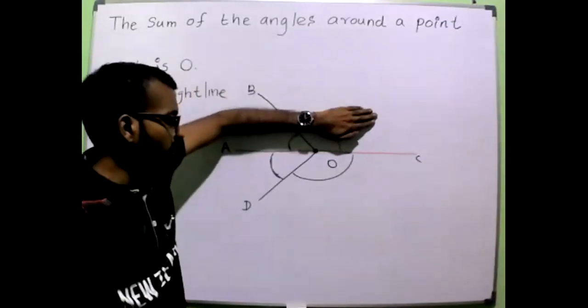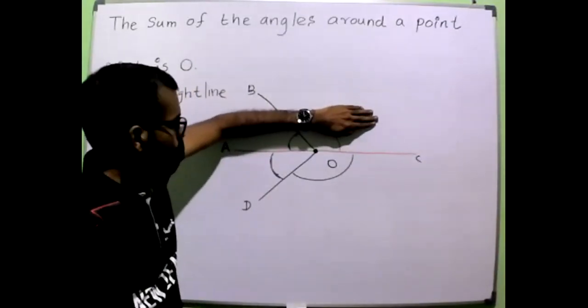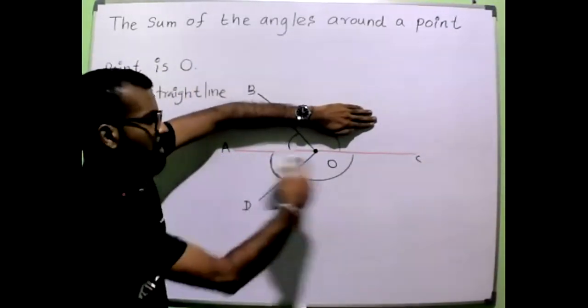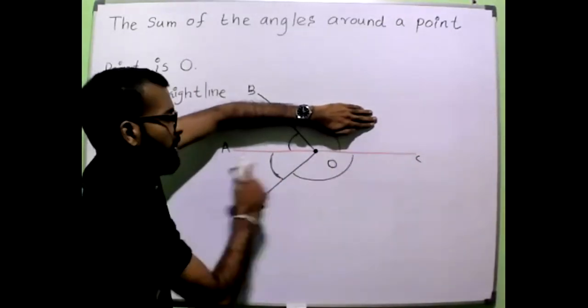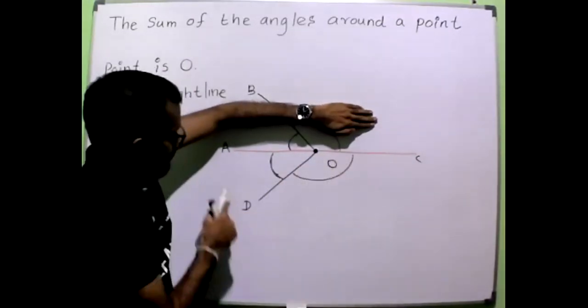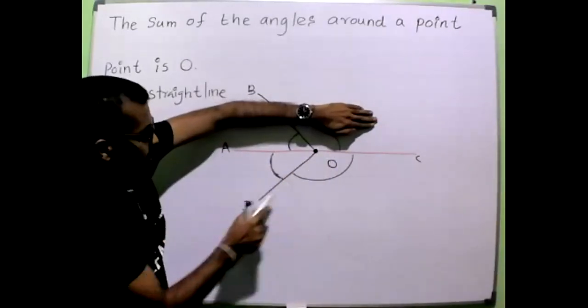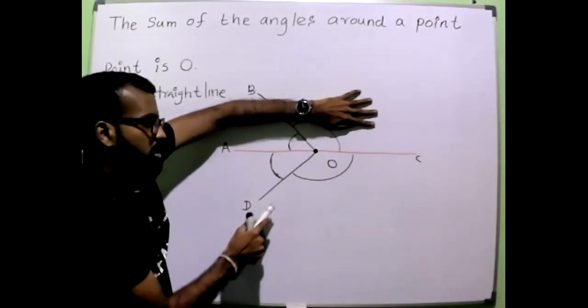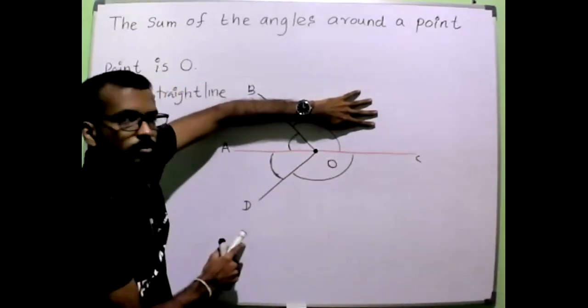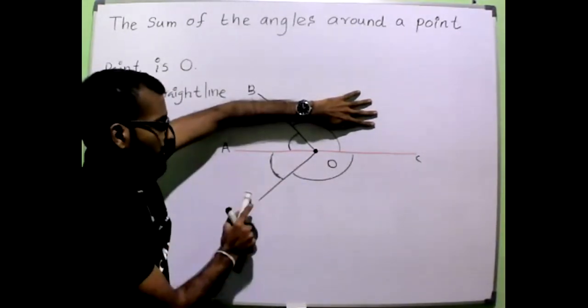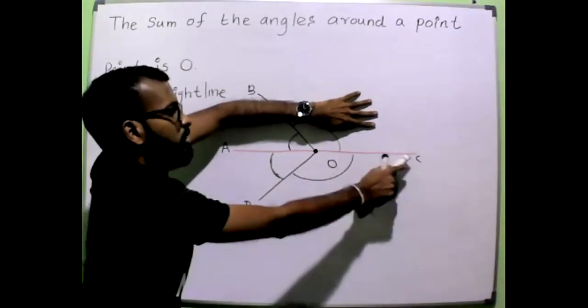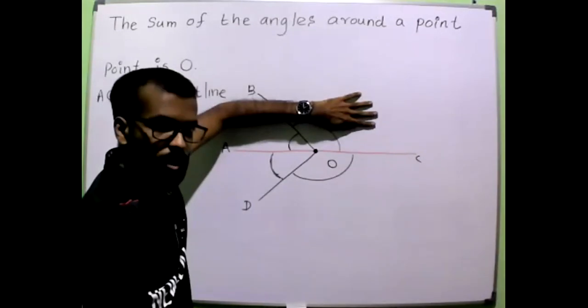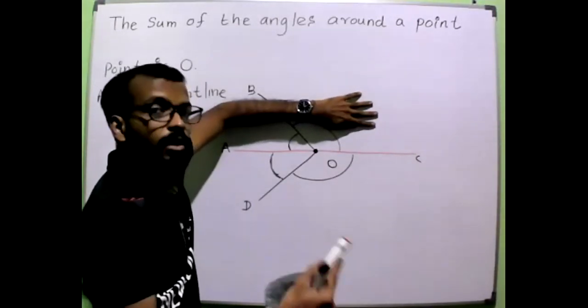Now, if you consider the bottom part, AC straight line, AOD plus DOC is 180 degrees again.